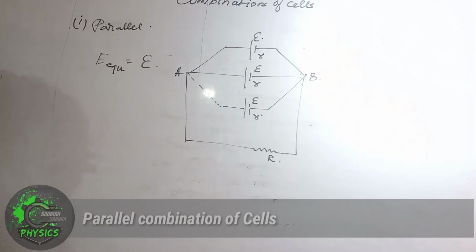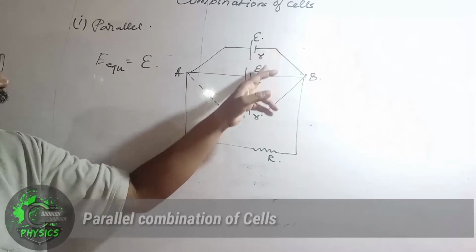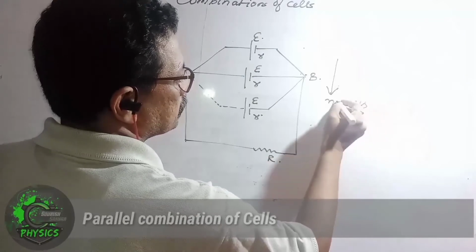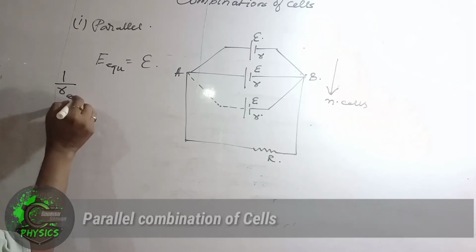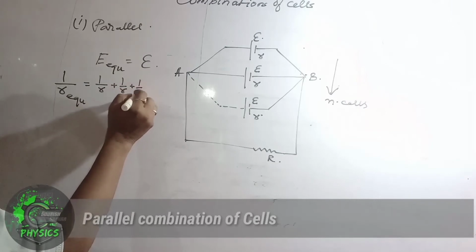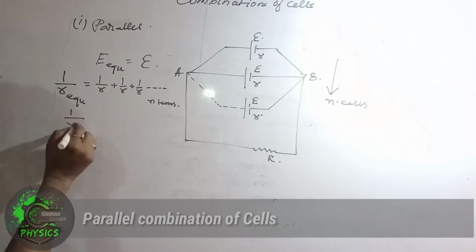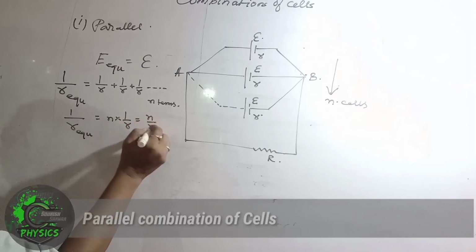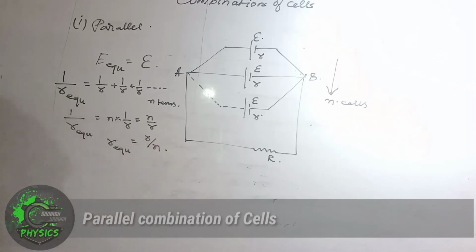Now, if you consider each cell as a resistance small r, then you can say n resistors are connected in parallel. How many cells have we taken? We have taken n cells. So what is the equivalent internal resistance? 1 by r equivalent equals 1 by r plus 1 by r plus 1 by r, so on up to n terms. So 1 by r equivalent equals n into 1 by r, that is n by r. So r equivalent equals r by n.